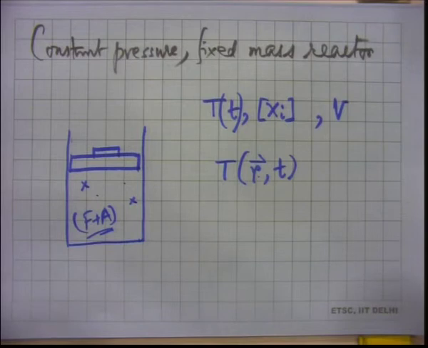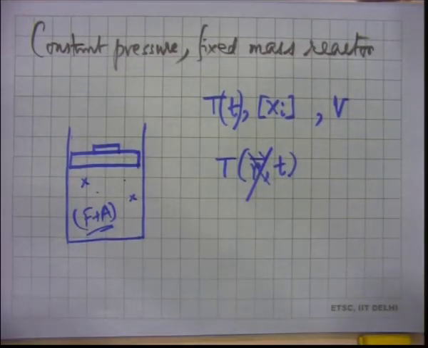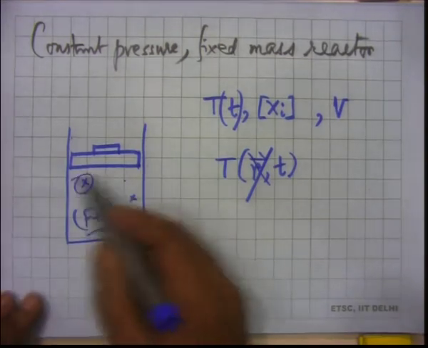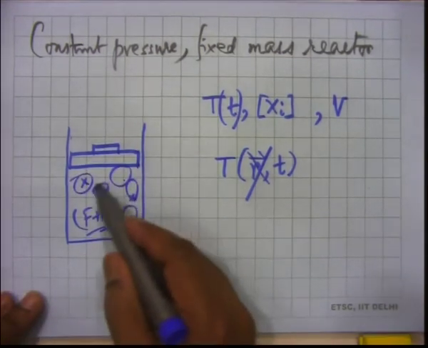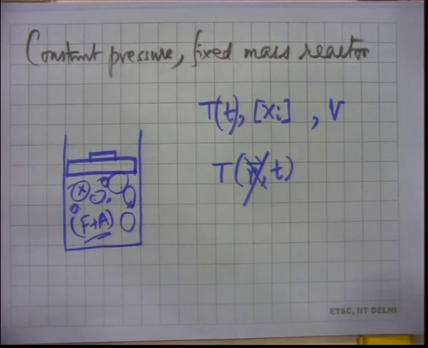So here we will not even take this, we will say that temperature is only a function of time. When will that happen? If the reaction takes place uniformly everywhere, if fuel and air are very well mixed everywhere and the reaction takes place with the same intensity everywhere, then that will happen. It will not happen if there is a flame propagation.